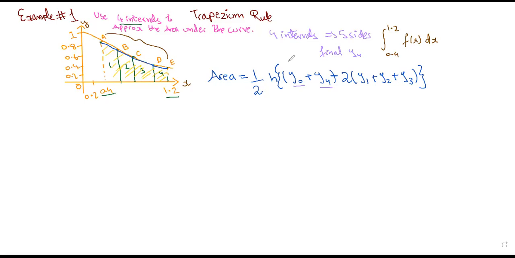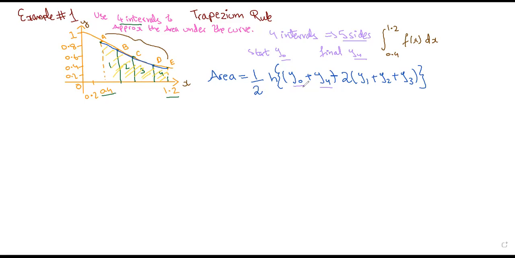Why? Because the starting one is y0 and the ending one is y4. So y0, y1, y2, y3, y4 are 5 sides. If you have 4 intervals, you will have y4. If you have 5 intervals, you will have y5.